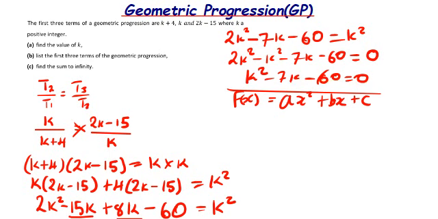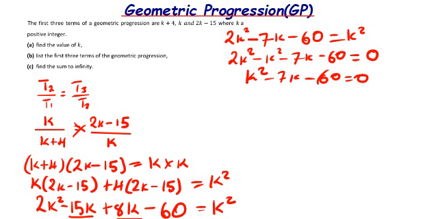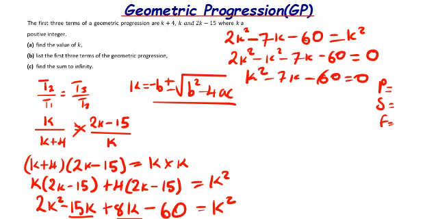Since you have already identified that this is the quadratic equation that we have formed, in order for us to come up with the value of k, we can use the product sum factor method, or if you want you can use the formula method, where k is equal to negative b plus or minus the root of b squared minus 4ac, over 2a, because this is a quadratic equation.